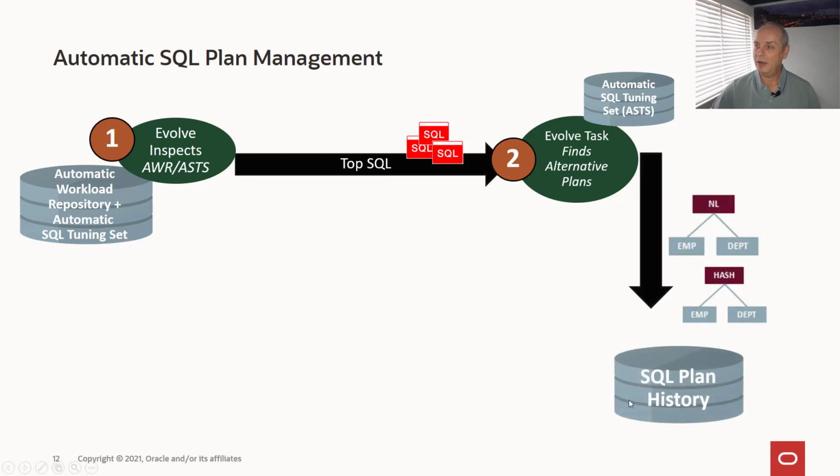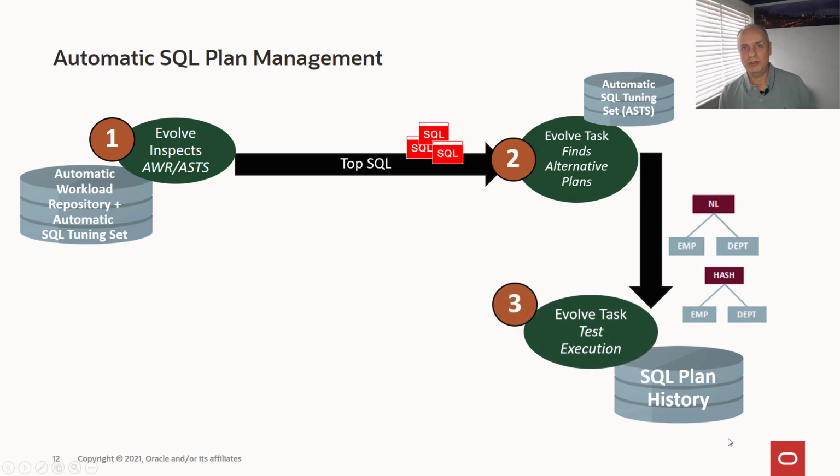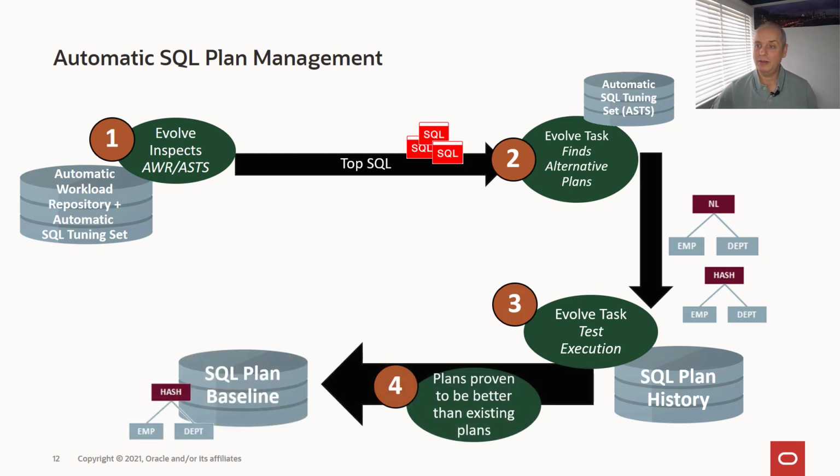We can then add those plans to the SQL plan history, which is a component of SPM, and then we can run the Evolve Advisor to test execute and check the performance of all the different SQL plan candidates and see which ones are actually better.